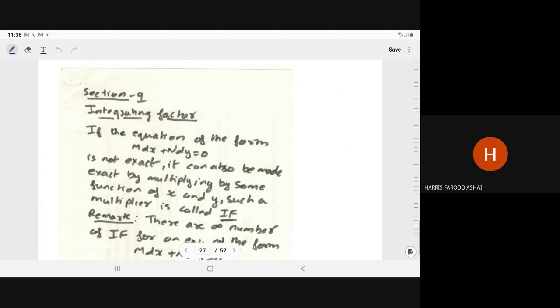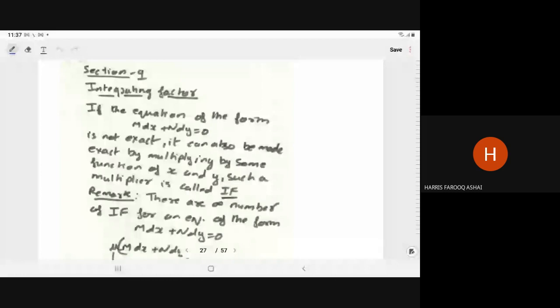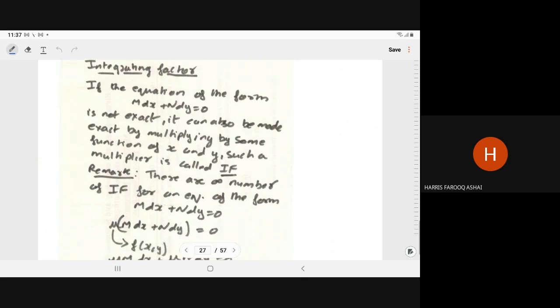So now, the next section: integrating factor. As you are claiming, many equations are not necessarily easily integrable or exact. So how can we make them exact? If the equation of the form M dx plus N dy equals 0 is not exact, meaning it will not satisfy del M by del y equals del N by del x, it can be made exact by multiplying by some function of x and y.